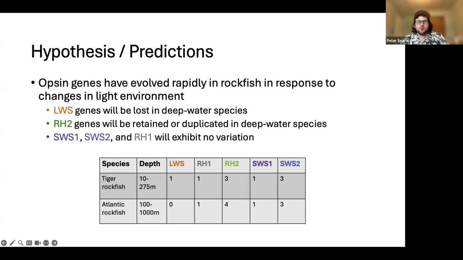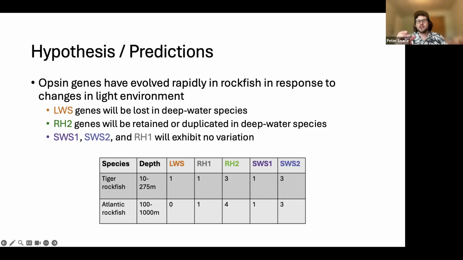So my hypotheses and predictions. I hypothesize that opsin genes have evolved rapidly in rockfish in response to changes in light environment, and predict that LWS, which again is associated with the yellow to orange spectrum, will be lost in deep water species, whereas RH2 will be retained or duplicated in deep water species.